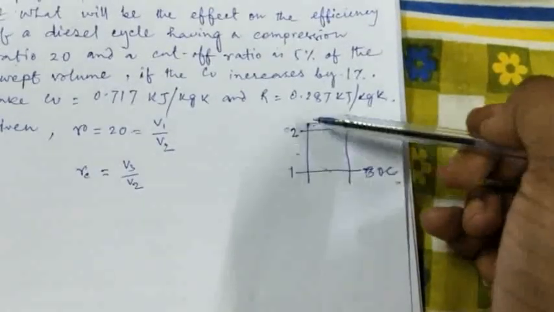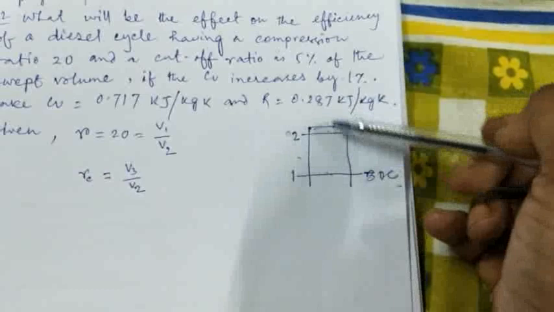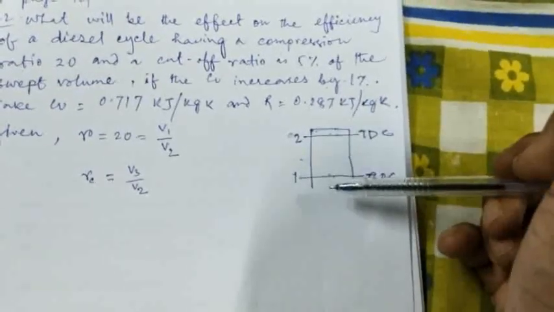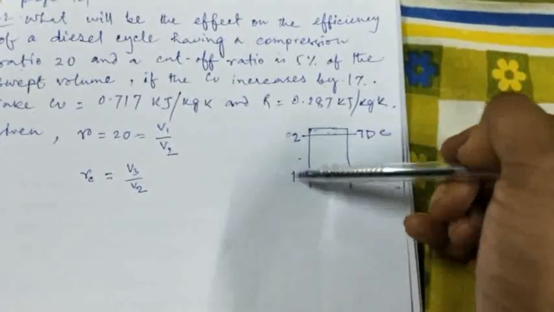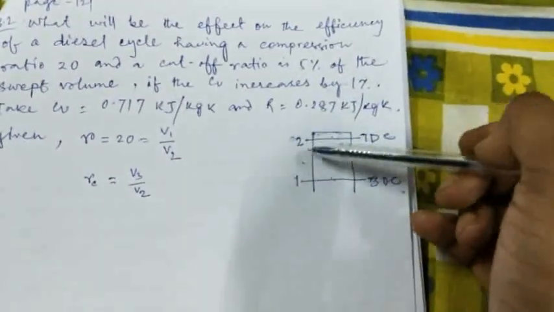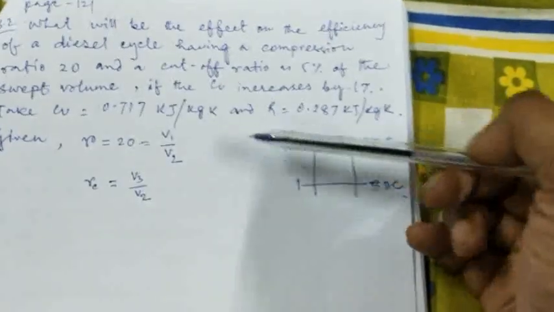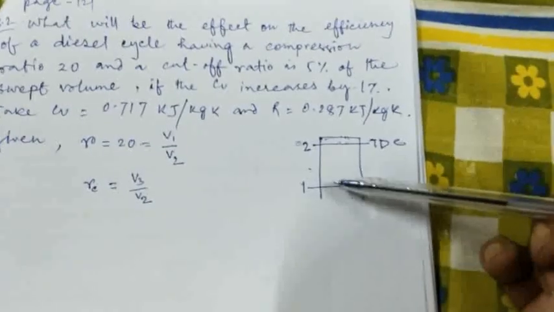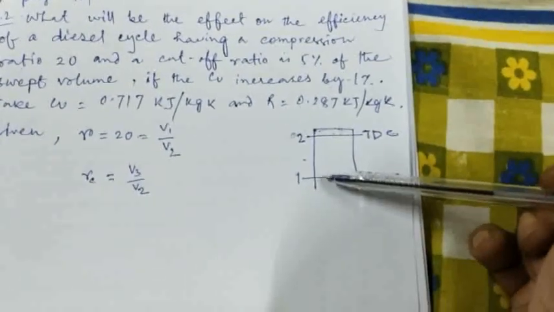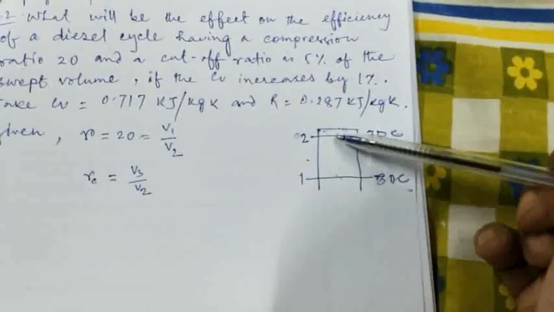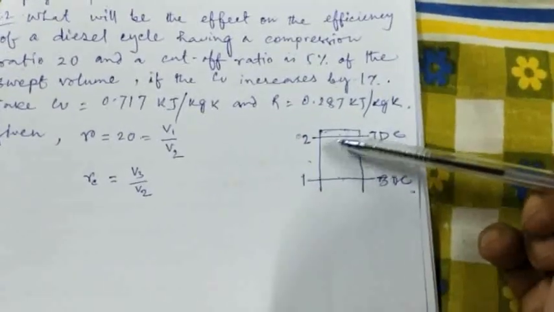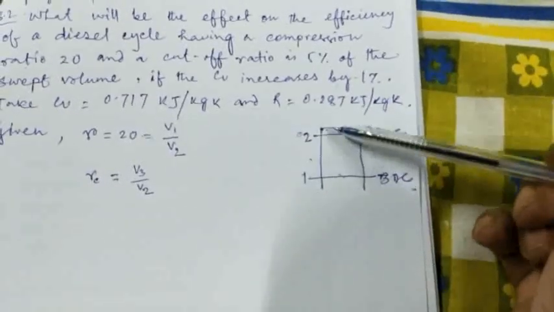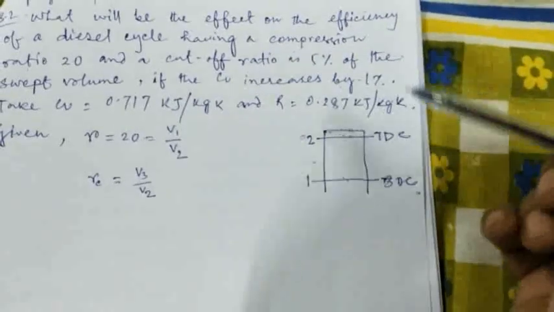After the suction process, the inlet valve will be closed, and again the piston will move towards top dead center from bottom dead center, say from position 1 to position 2. So r can be written as the ratio between the volume when the piston is at position 1, which is V1, and when the piston is at top dead center, position 2, the volume V2.